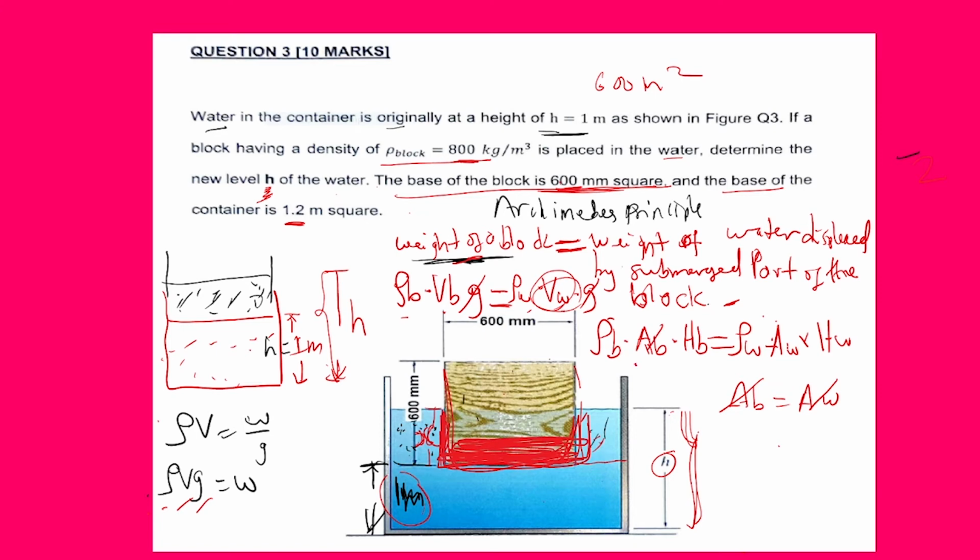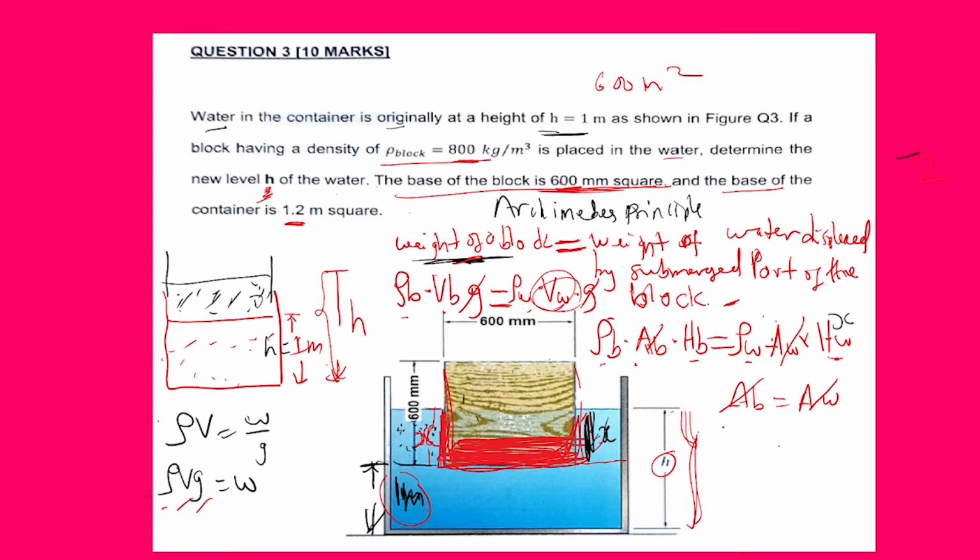So now we have density of block times height of block, which is 600, equal to density of water times height of water displaced, which is x, the one you're looking for.